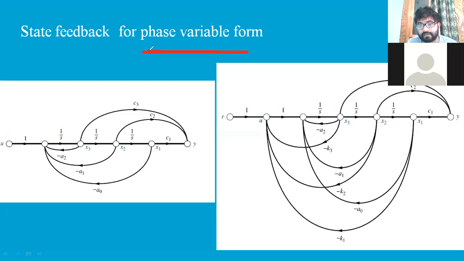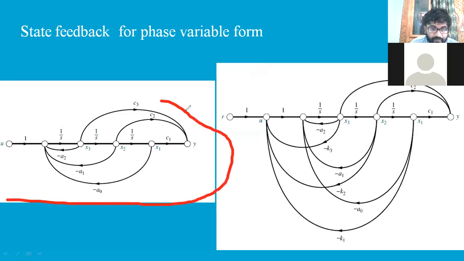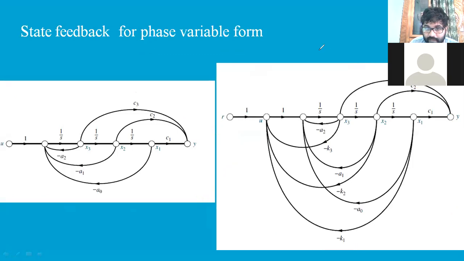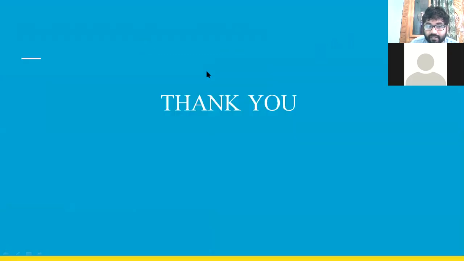The output is the first state variable and its n-1 derivatives are the remaining state variables. This is the signal flow graph representation without state feedback. This is after state feedback. We will see this concept completely with the help of an example in the next class. Thank you.